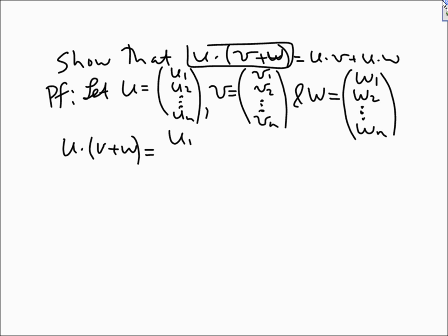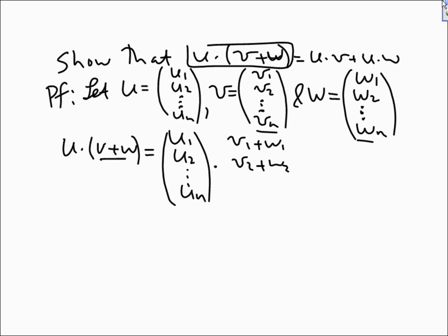Well, U is U1, U2 up to U sub n. I want to dot this with V plus W. V plus W is V1 plus W1, V2 plus W2, all the way down to Vn plus Wn.